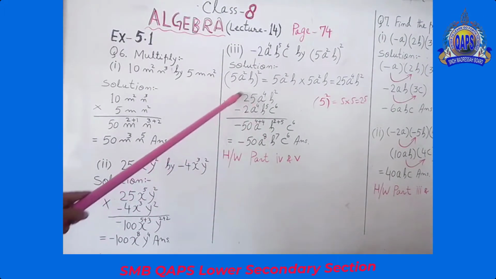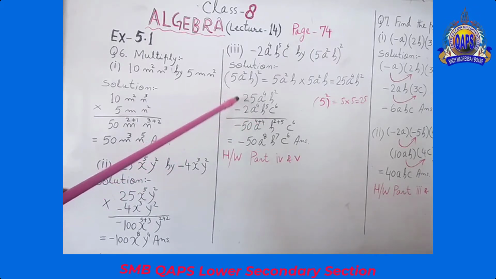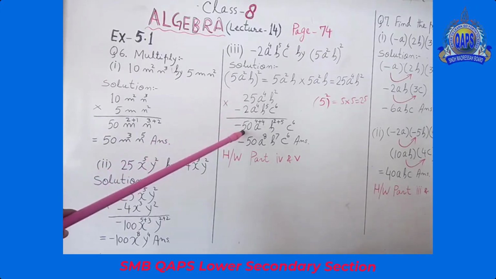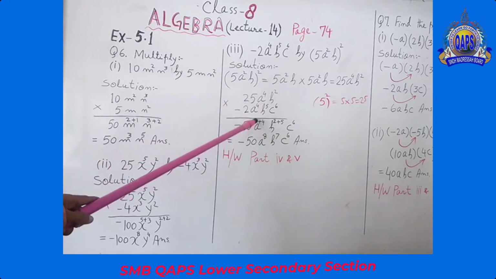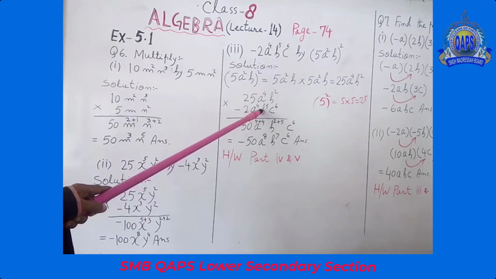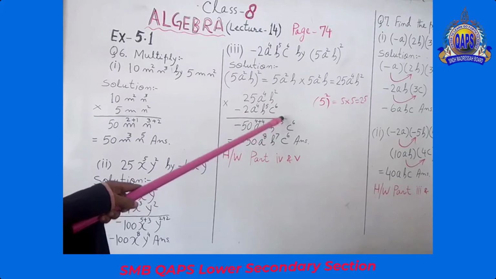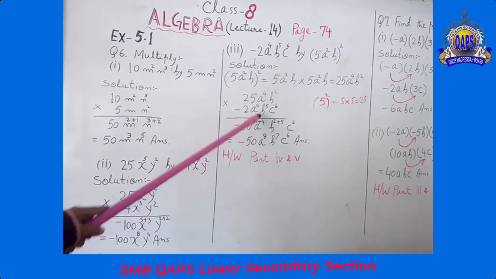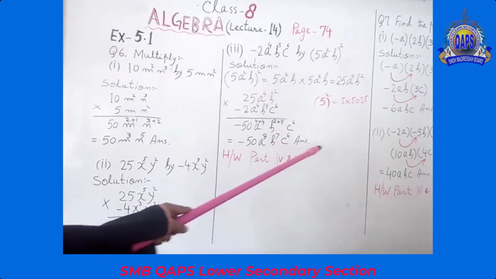So 25 multiplied by minus 2, plus into minus will be minus 50. a4 into a4 will be a power 4 plus 4. b5 into b2, it will be b power 2 plus 5. c6. Now answer: minus 50 a power 8, b power 7, c power 6. Answer.